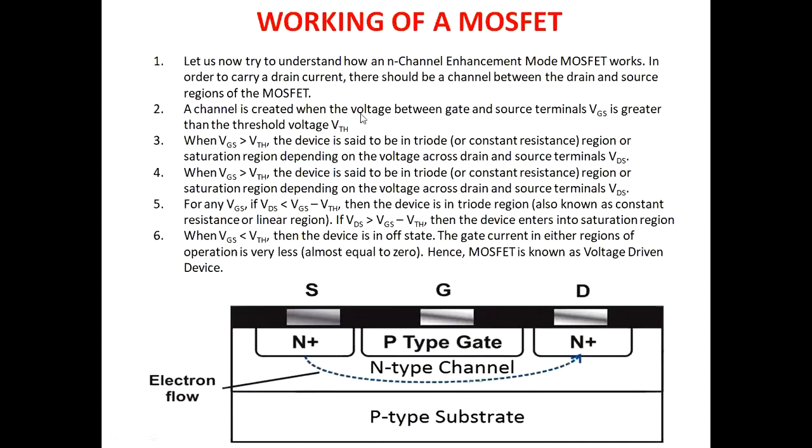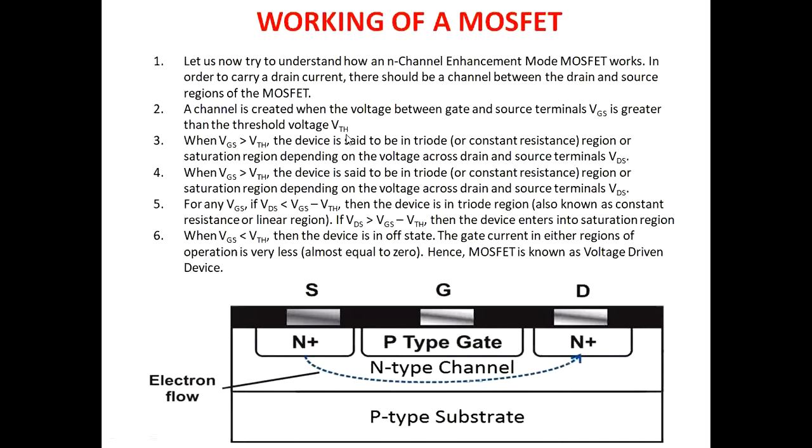A channel is created when the voltage between gate and source terminal is greater than the threshold voltage. There is a threshold voltage, the minimum voltage level required to start the conduction of the MOSFET, and that small voltage is called the threshold voltage.